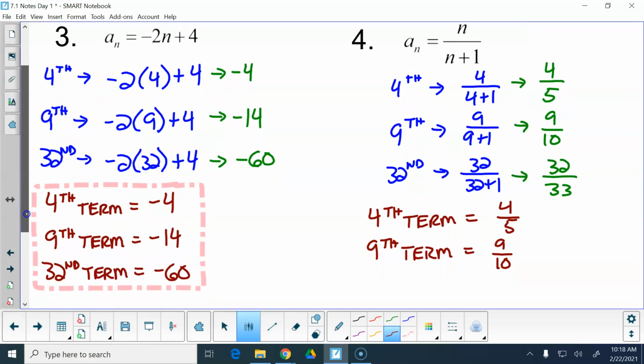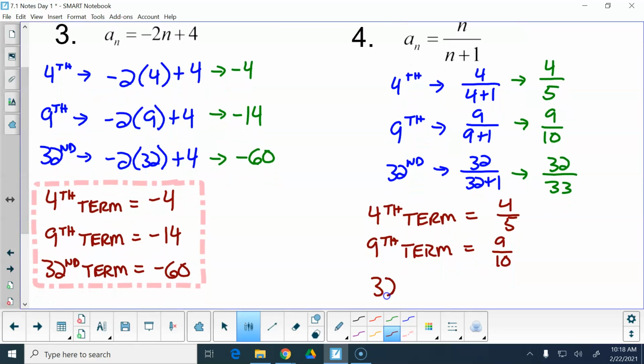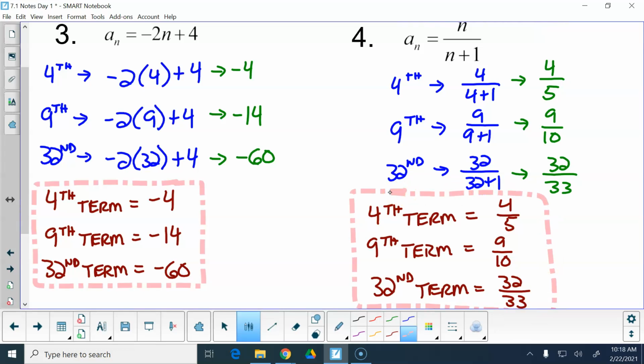My 32nd term is 32/33. So sequences can have fractions in them, they can have positive numbers, negative numbers, 0, 1. Whatever number you can think of, it can be in the sequence. Okay?